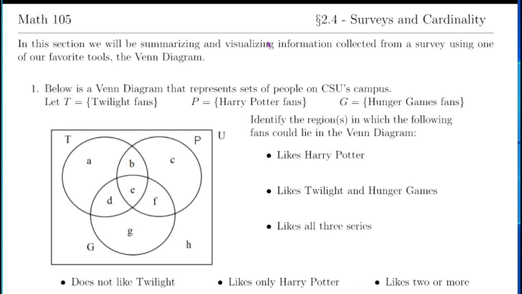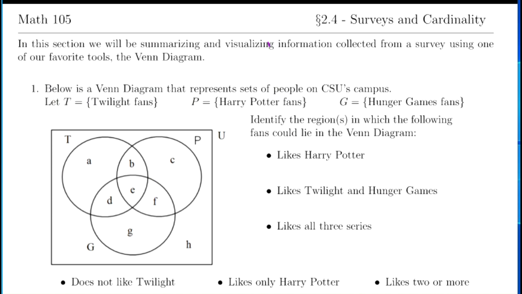In this first Venn diagram, we have a collection of people who are Twilight fans, Harry Potter fans, or Hunger Games fans, or some combination. We want to identify the regions in which the following fans could lie.